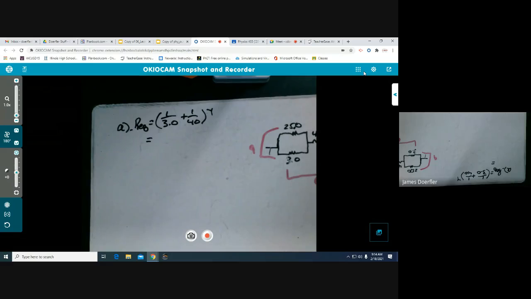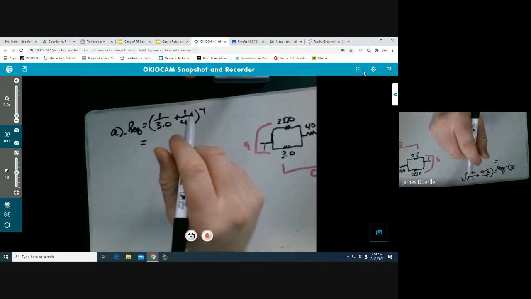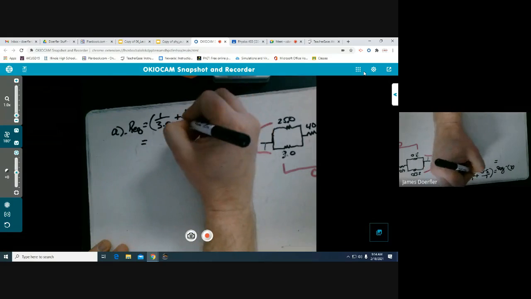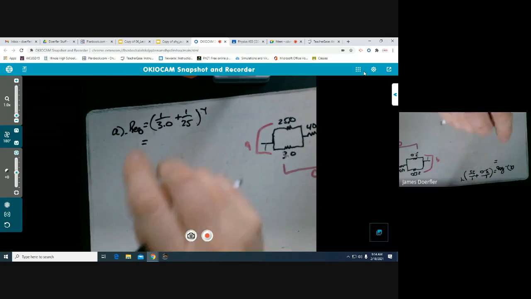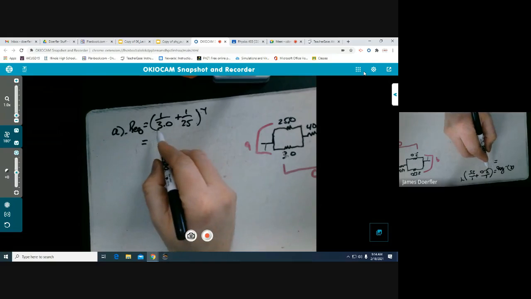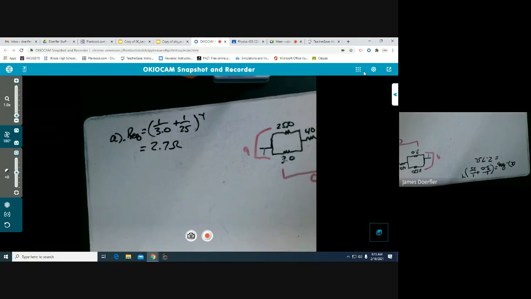So you're going to get the same thing. Nope, I'm looking at the wrong one. Just kidding. I was looking at the wrong problem. 25. So what do you get for group A? 2.7 ohms. Very good.